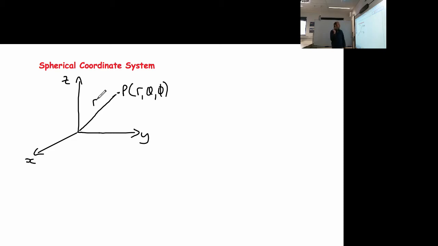That's the angle that this point P will make with the z-axis. And phi is our azimuthal angle. Phi is the angle that the point P will make with the x-axis.